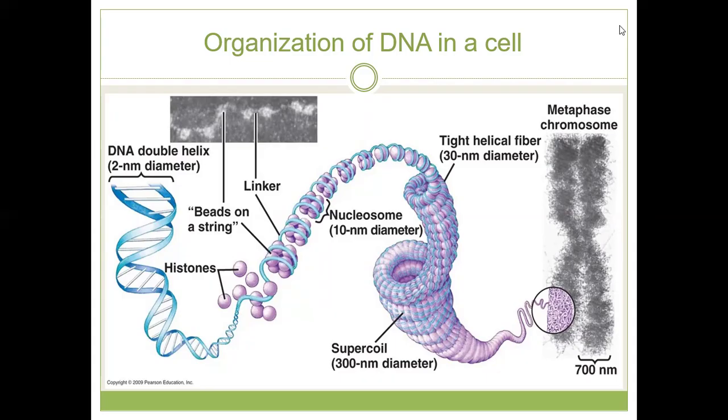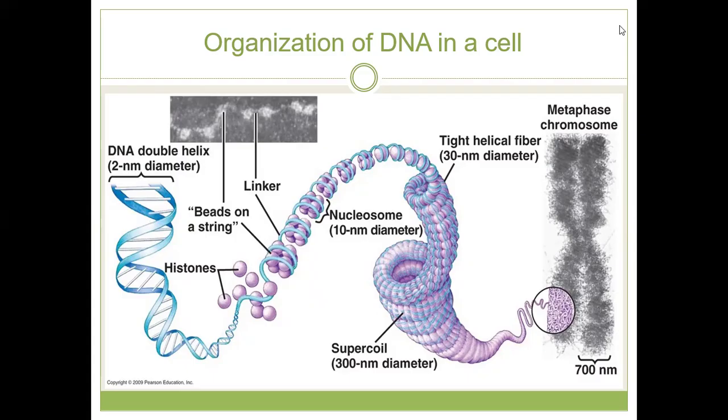We have a supercoiling at 300 nanometer diameter. We have, at 30 nanometer diameter, a supercoiling at 300 nanometer diameter, which is further condensed to form what we call the chromosome.